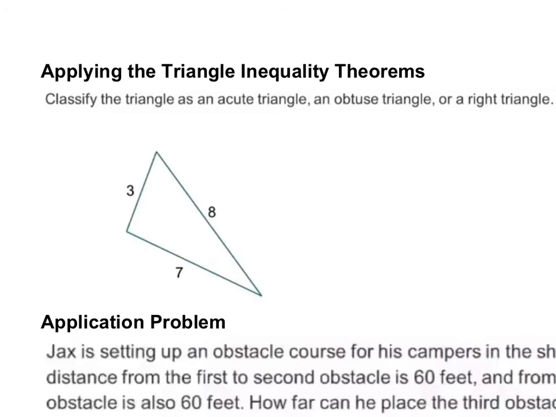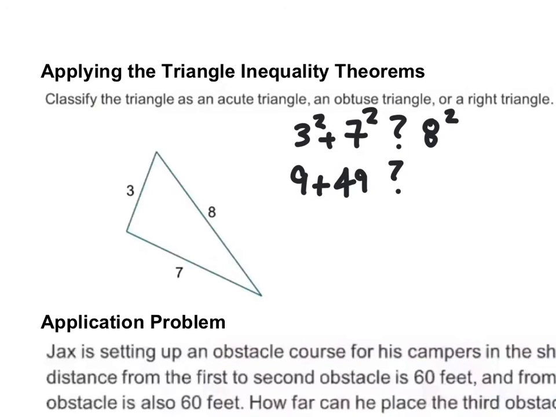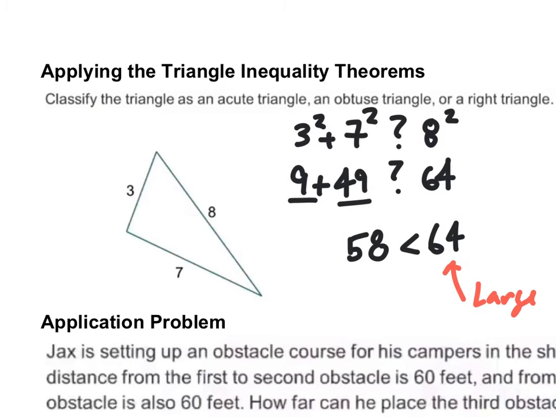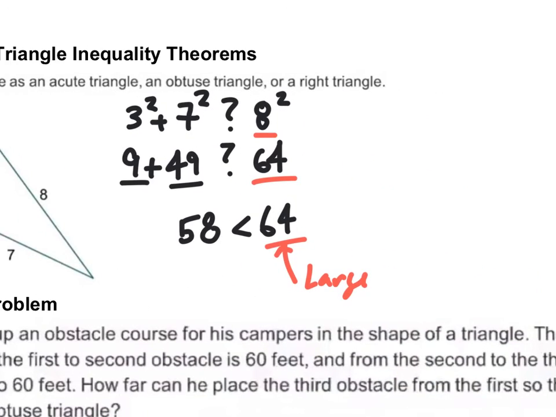I'm going to take the two smaller lengths, 3 squared plus 7 squared, and compare that to my third side, 8 squared. 3 squared is 9, plus 7 squared is 49, which gives 58, and that is less than 64. So the square of my longest side is larger than the sum of the squares of the other two sides, which means that I have an obtuse triangle.